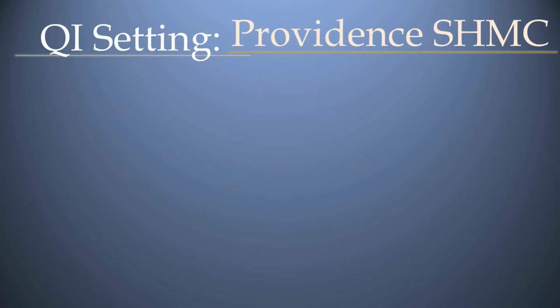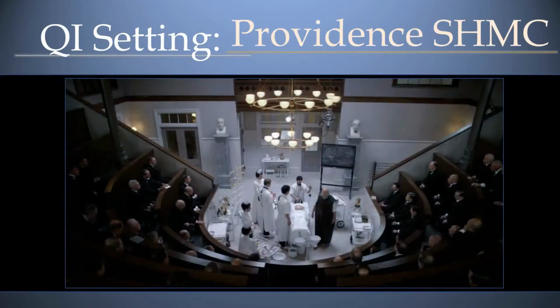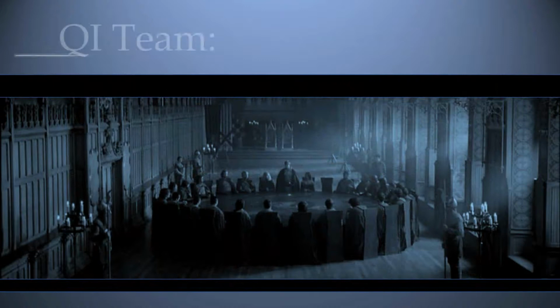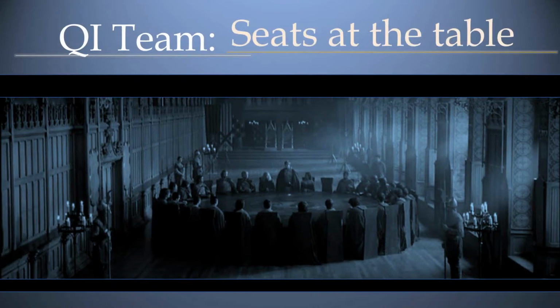So what is the setting? I'd like to limit it specifically to Providence Sacred Heart Medical Center, which this is kind of one of our basic ORs you see here, and I am at the head of the bed there providing anesthesia. So that is where my quality improvement, or my process improvement will take place. And who needs to be involved? Who are the players that have to sit at the table?